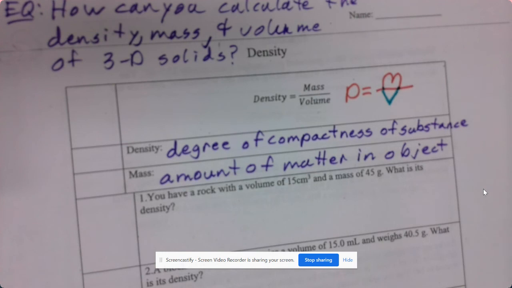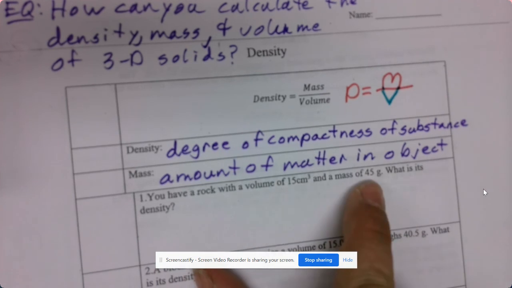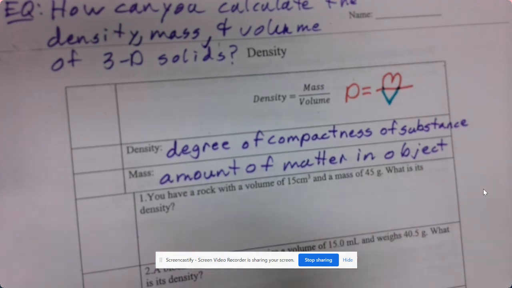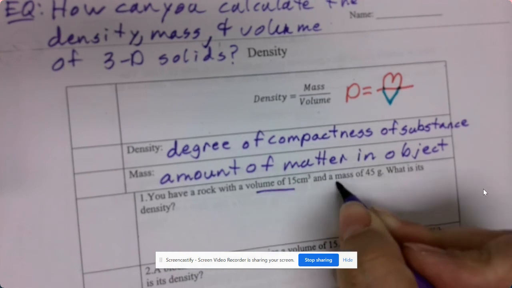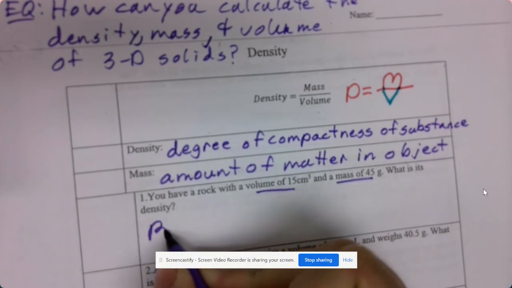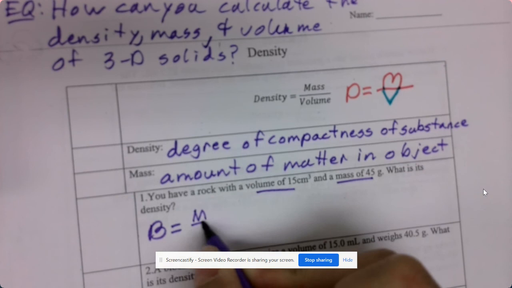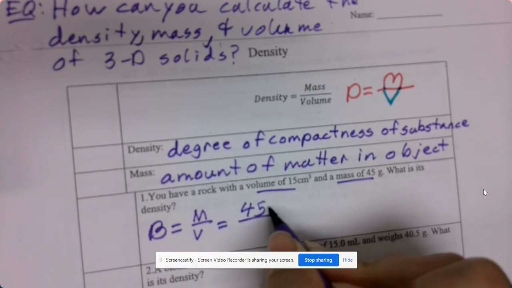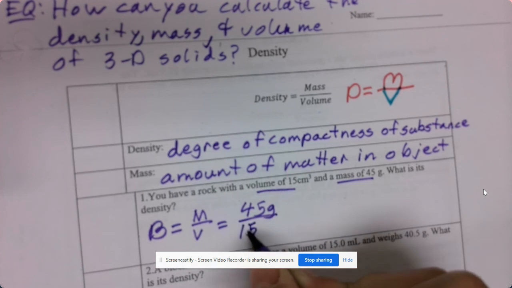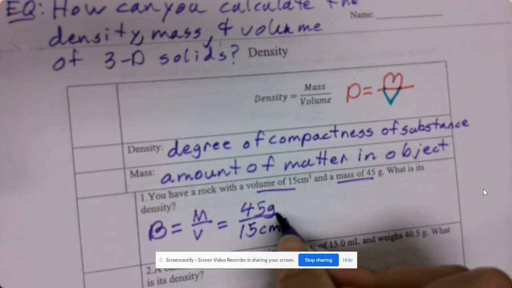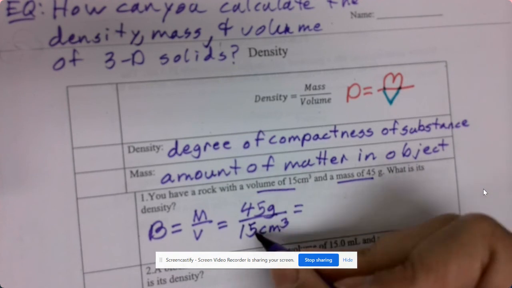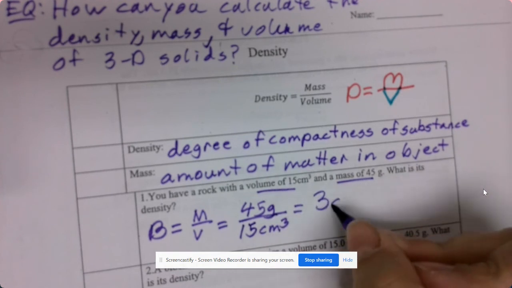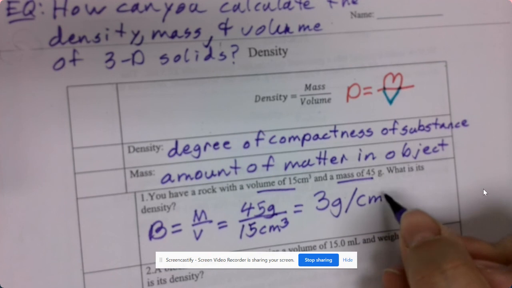If you have one rock with a volume of 15 cubic centimeters and a mass of 45 grams, what is the density? Density is equal to, remember, mass divided by volume. So I'm going to do 45 grams divided by 15 centimeters cubed. 45 divided by 15 is going to be 3, so it's 3 grams per centimeter cubed.